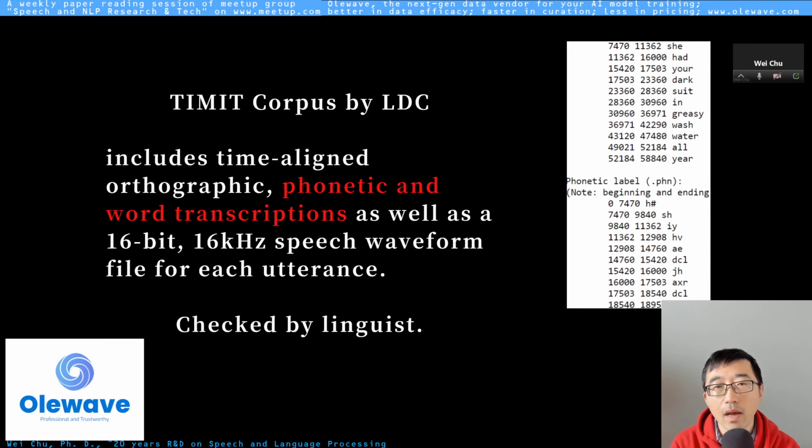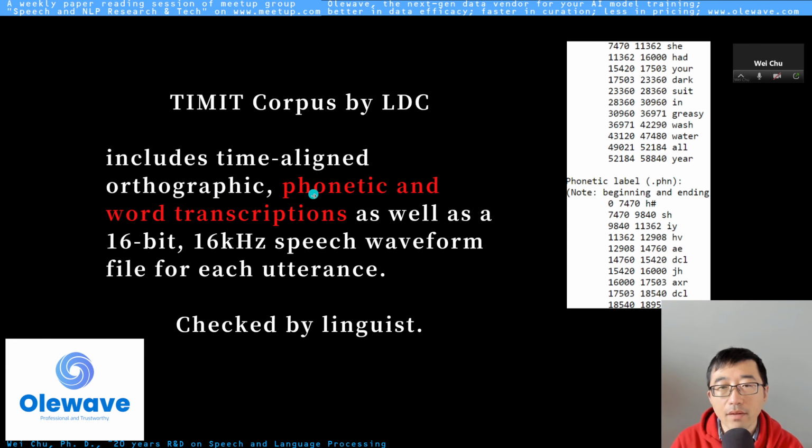And I also want to give you another piece of extra information. If you are interested, suppose you have access to this database called TIMIT, you probably can find it online, right? But you have to pay for the database, let me tell you. This database contains about 4 hours of data, which are time-aligned.